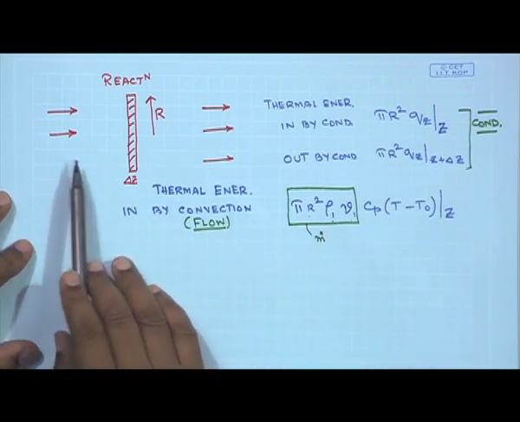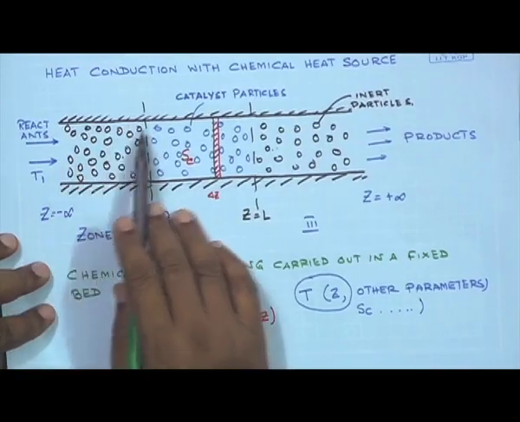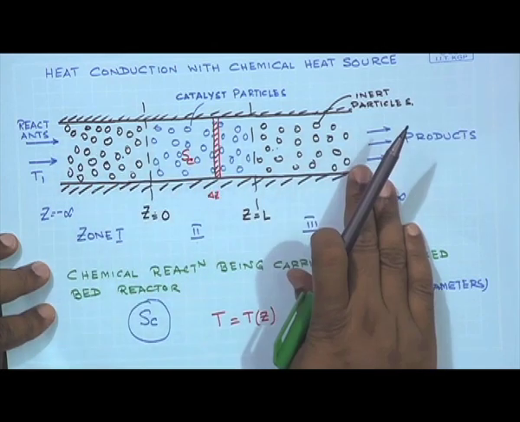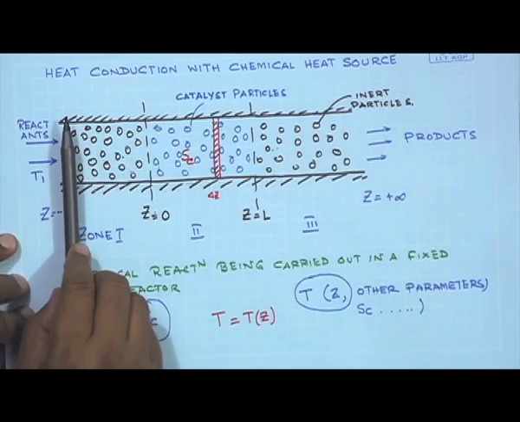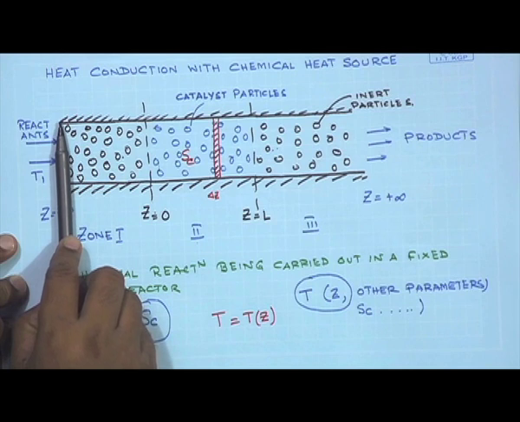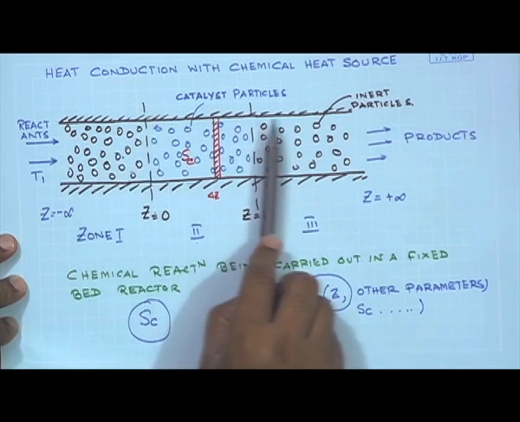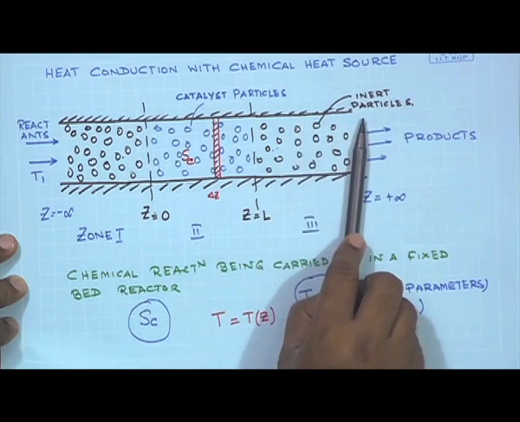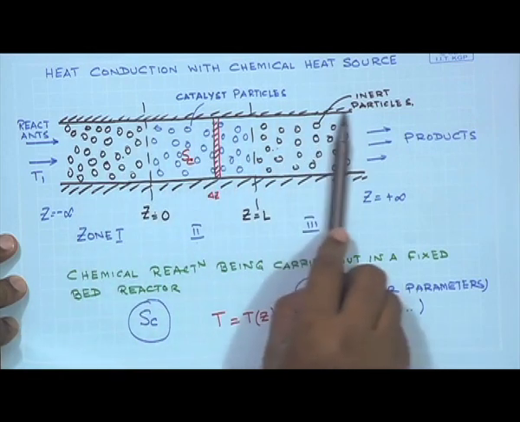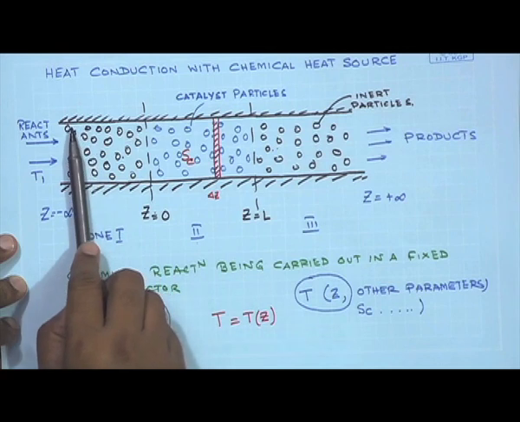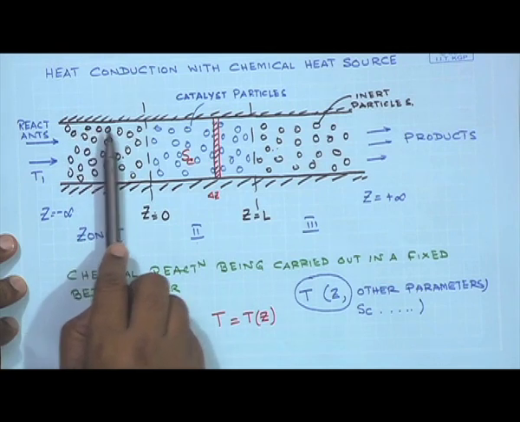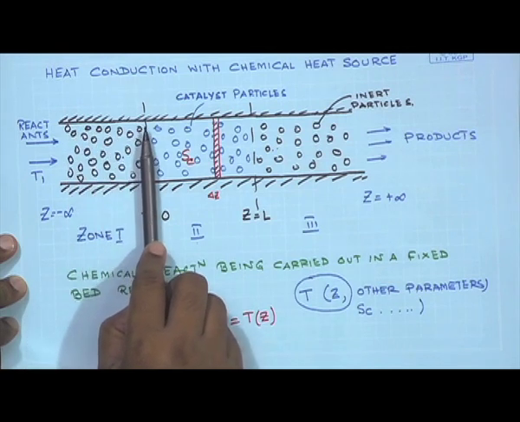And since continuity has to hold at every section of this reactor system, whatever be the mass flow rate that is entering, it should remain constant. So, the mass conservation will always be there as you move in this direction. Even if a reaction takes place, mass is always going to be conserved.